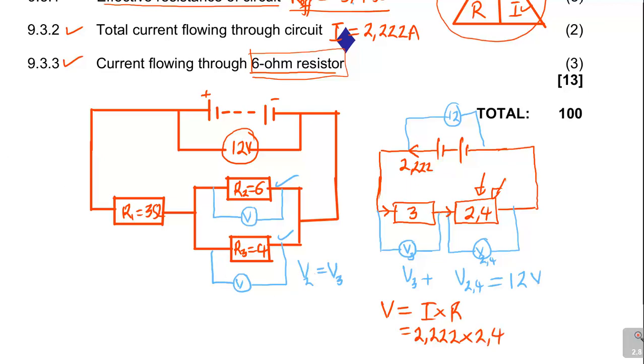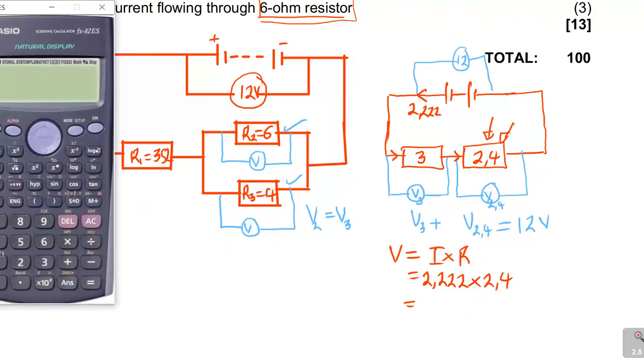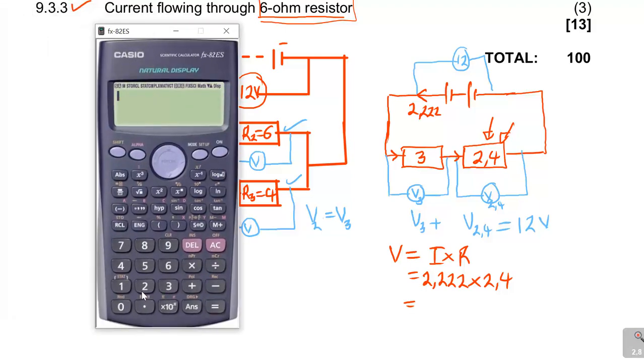If I multiply 2.222 times 2.4, it gives me 5.333.